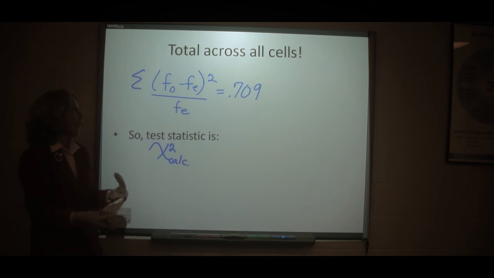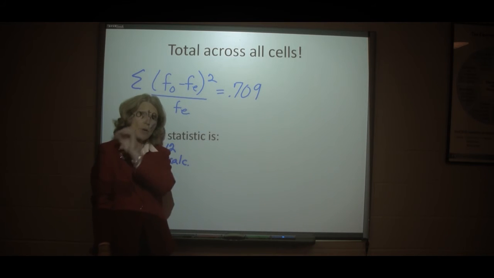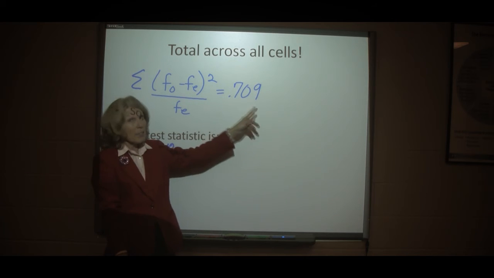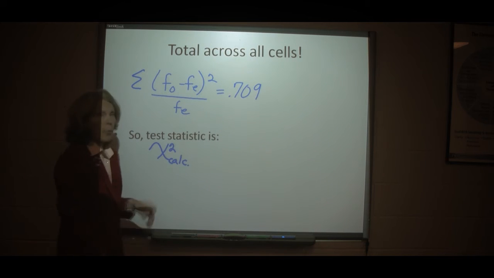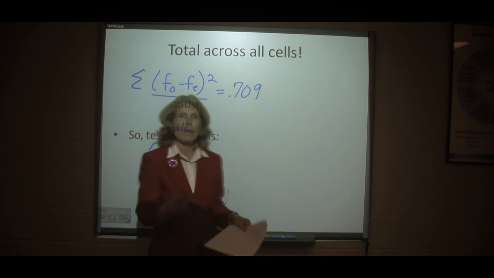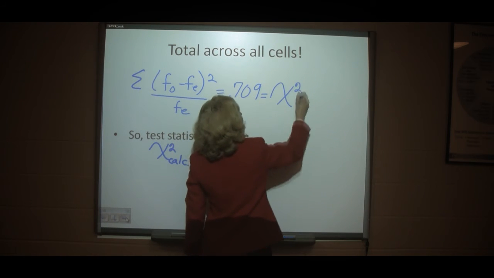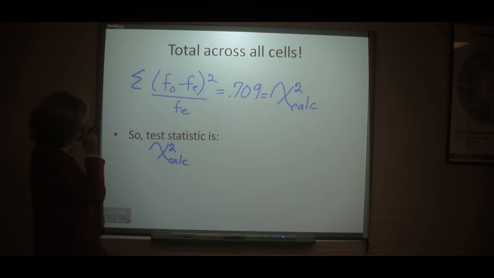So you can see that the total is 0.709. The entry in each cell is going to be a very small number. You'll want to calculate to 4 or 5, maybe even 6 decimal places each cell, and then you should come up with about 0.709 for the calculated chi-square. Okay, so that will give us our test statistic of the calculated chi-square.